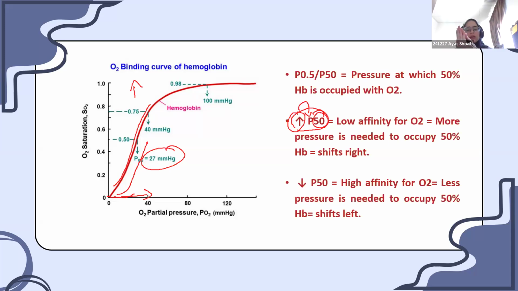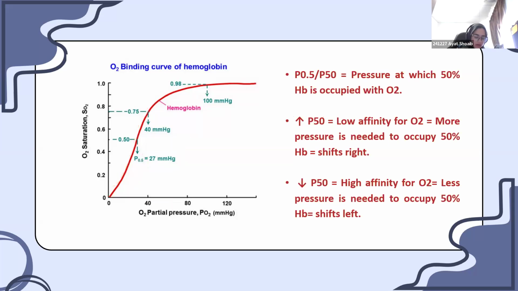It's like you have a low affinity for physio, you don't want to do physio, and you leave it for last. And now you have a lot of pressure on you, right? You need a lot of pressure for low affinity. More pressure is needed to occupy 50%, and the curve shifts to the right.